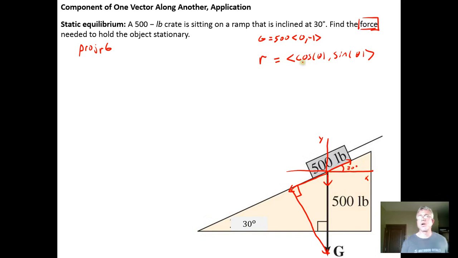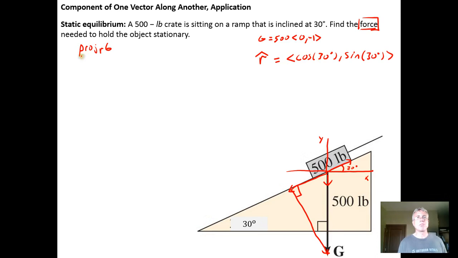Because cosine theta, sine theta lives on the unit circle, the circle of radius 1, this is actually going to be a unit vector. So if we plug in 30 degrees, cosine of 30 degrees comma sine of 30 degrees, we have a unit vector parallel to the ramp.